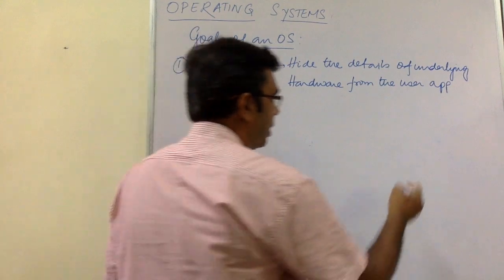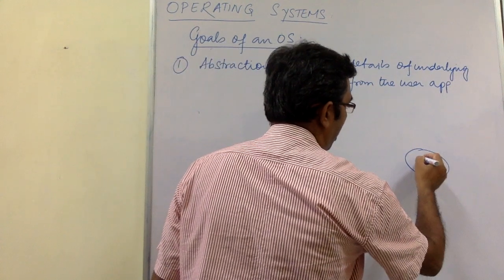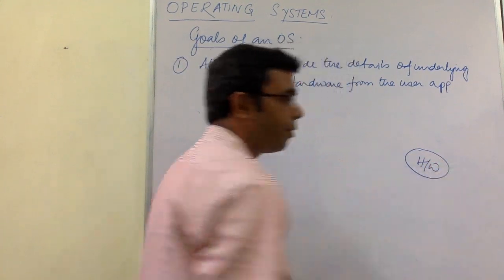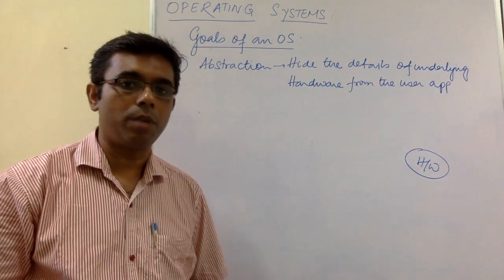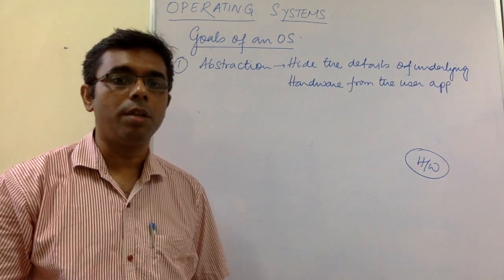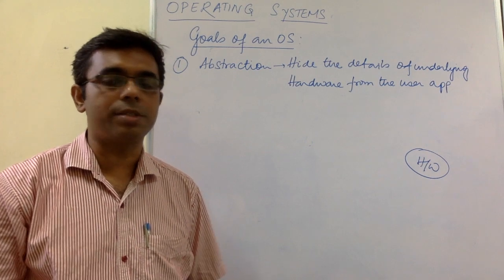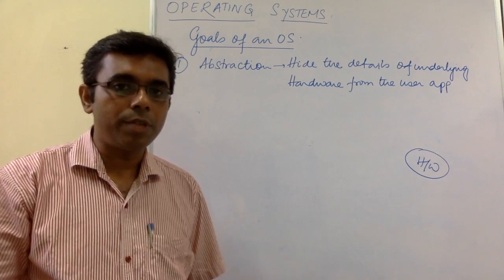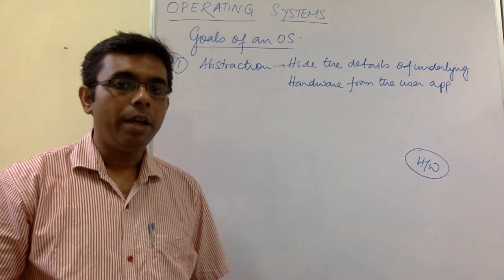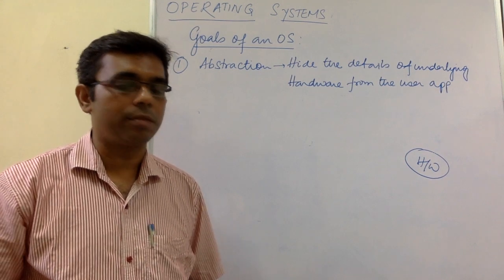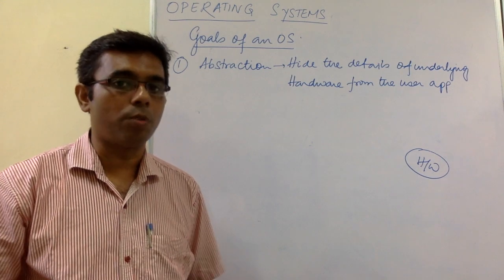If you have a hardware resource, hardware means all the resources available to a computer system. That is the CPU, the memory, the files, etc. So if a certain user application wants to access a particular hardware, it doesn't have to know the details of the hardware. It doesn't need to know.